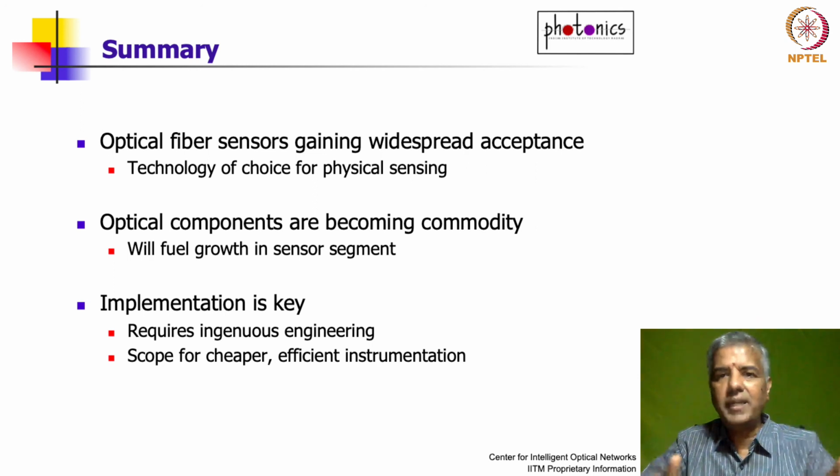But all said and done, we have a variety of solutions, and finally the implementation is going to be the key, and that requires ingenious engineering. That's exactly what we are going to do in the course: develop you as better engineers who can make better decisions and come up with good solutions that are useful for a lot of practical applications.